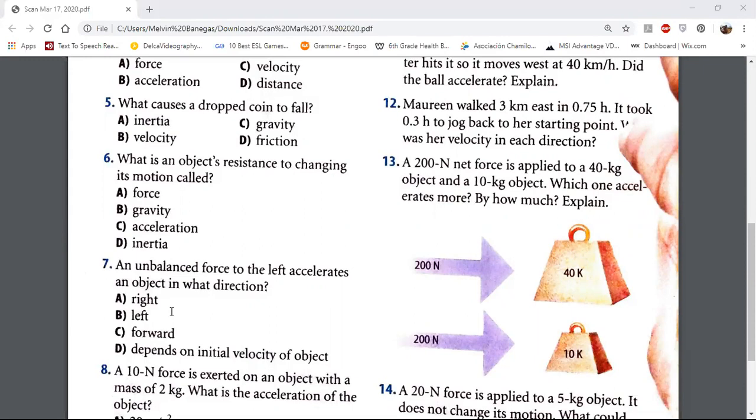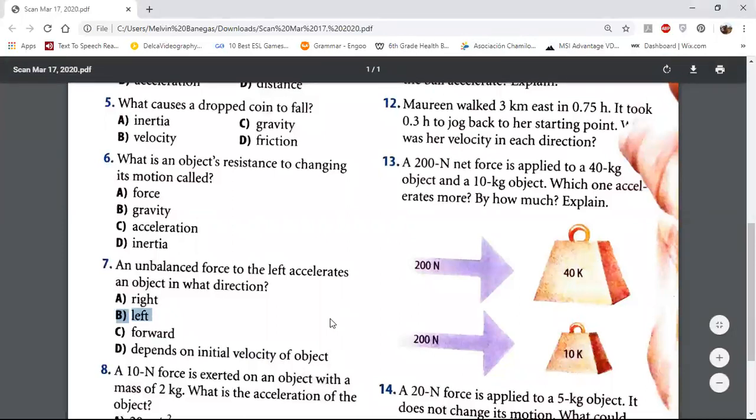So if the object is accelerating, it's moving to the left, so it keeps moving to the left, okay? Because it is an unbalanced force, we are only exerting force in one direction. So it's going to be letter B, left.